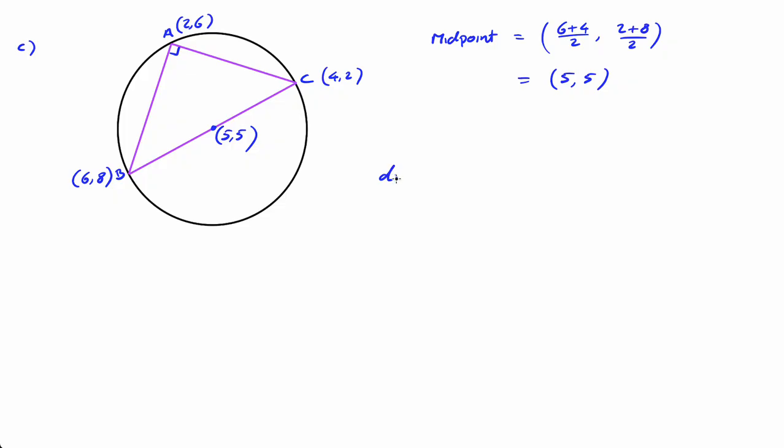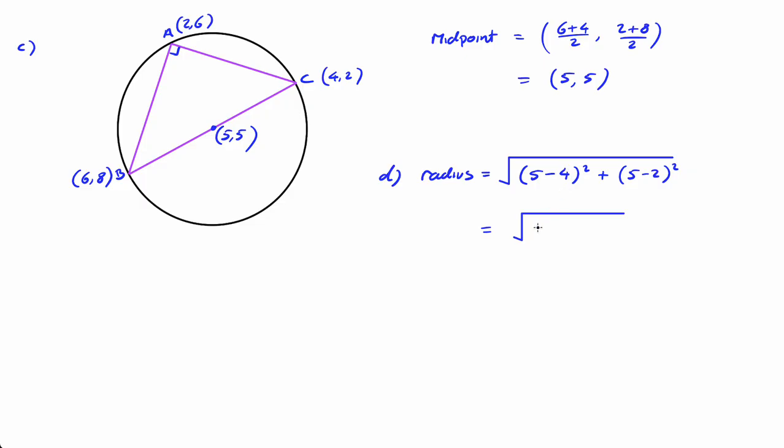The radius is equal to the square root of 5 minus 4 squared plus 5 minus 2 squared, which is equal to 1 squared plus 3 squared, which is equal to root 10, which is the answer.